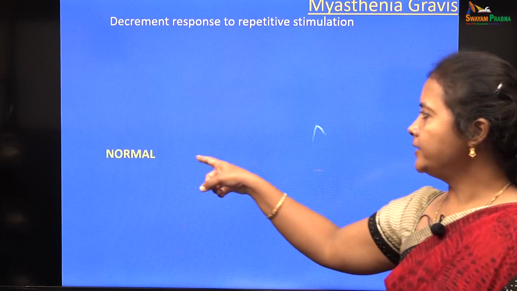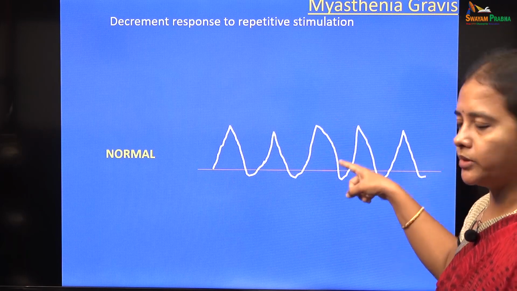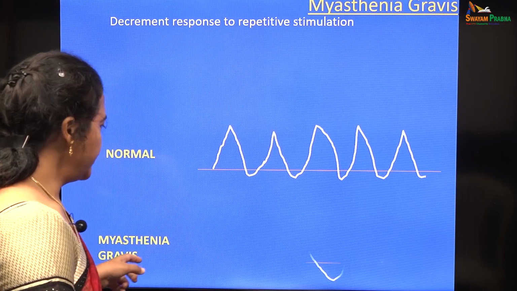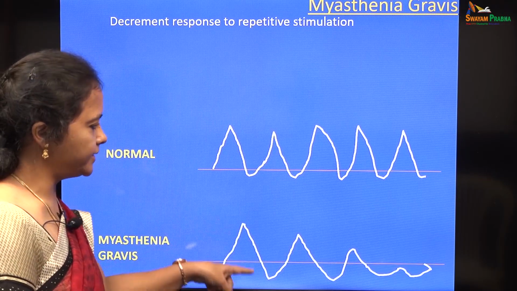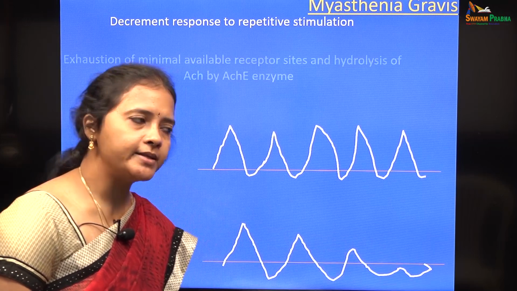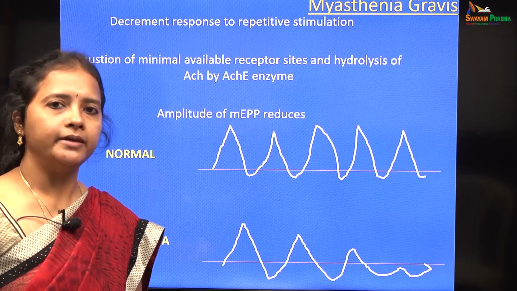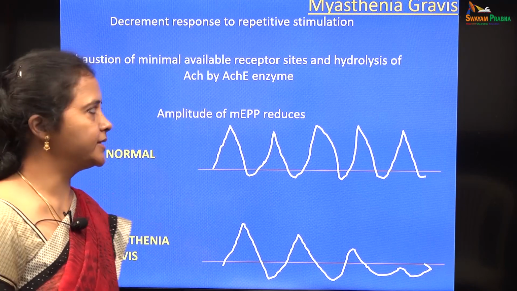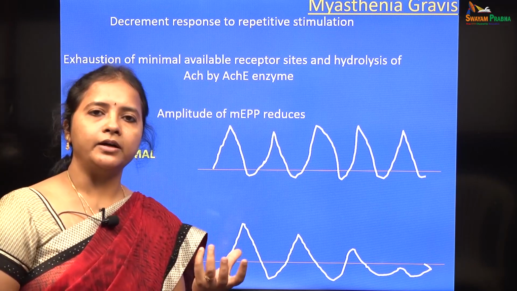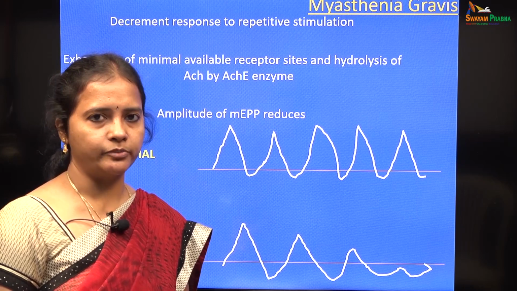For example, in normal conditions, repetitive nerve stimulation leads to generation of action potential in the muscles, whereas in myasthenia gravis patients, on repetitive nerve stimulation, initially there will be action potentials, but later the amplitude of the miniature end plate potential as well as the action potential will be reducing, generation of number of action potentials will be reducing, because initially the minimal availability of receptors are being utilized for the process of neuromuscular transmission.